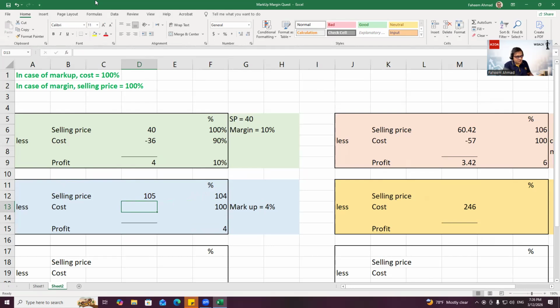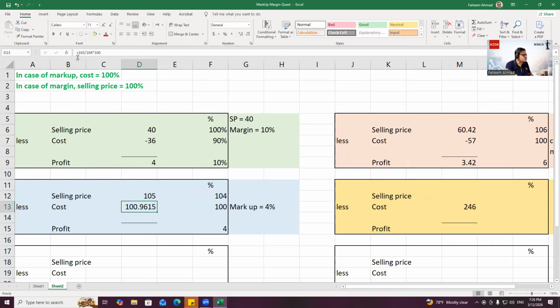So now what we do, we need to take this selling price and break it into 104 pieces. I repeat, we are taking this 105, breaking it into 104 pieces, times by 100.